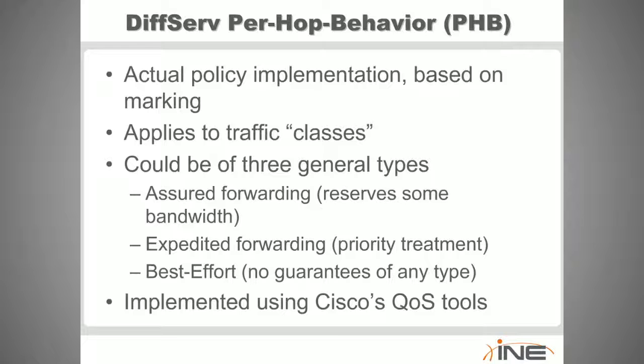Now, the per hop behavior generally is going to fall into 3 categories. We have assured forwarding, expedited forwarding, and then best effort. Okay, assured forwarding means that we're going to guarantee some sort of bandwidth, but it's not necessarily the best type of traffic in the network.